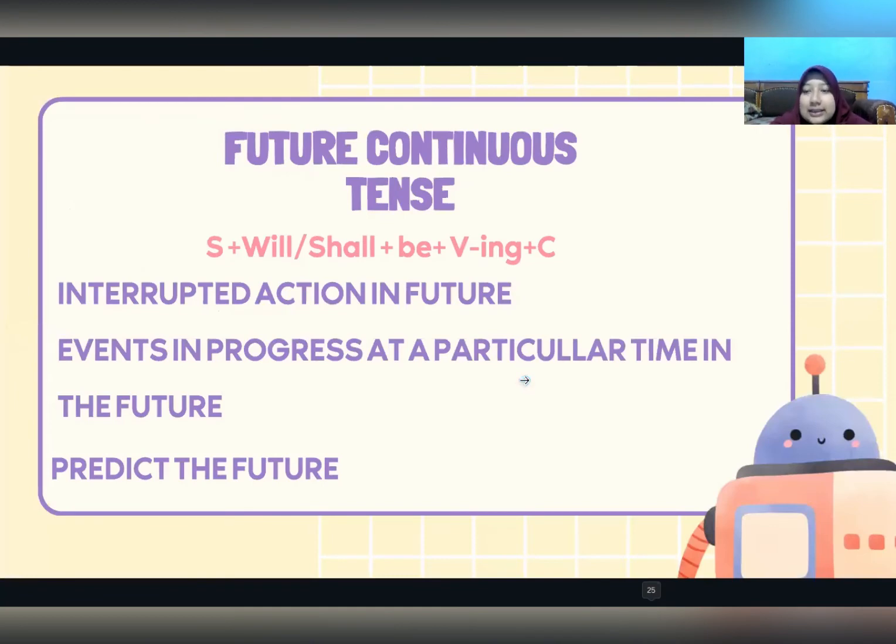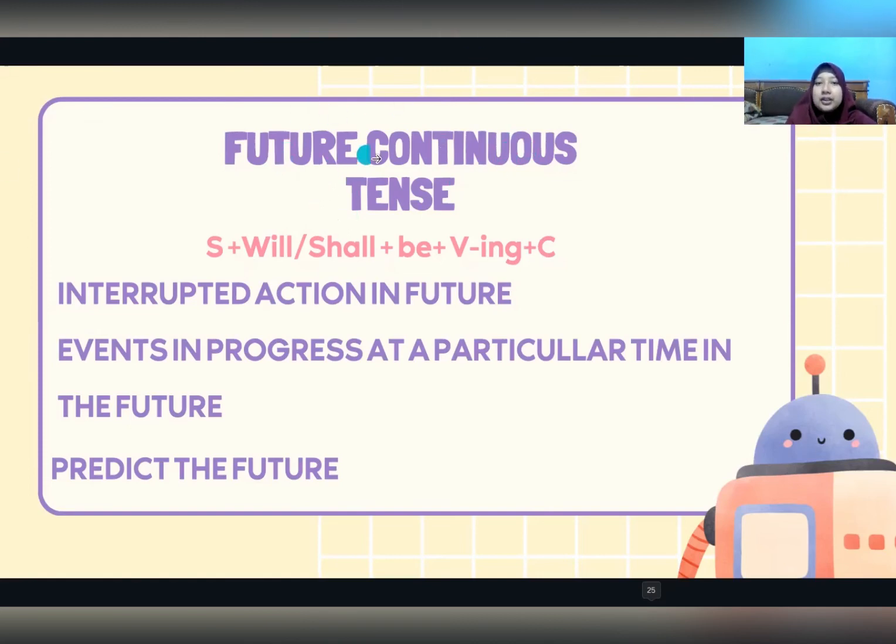The next tense is future continuous tense. Future continuous tense has the formula: subject plus will or shall plus be plus verb ing plus complement. What is the function of the future continuous tense?